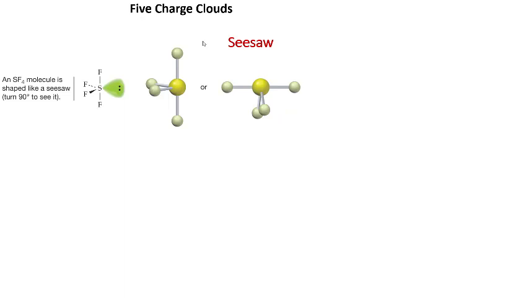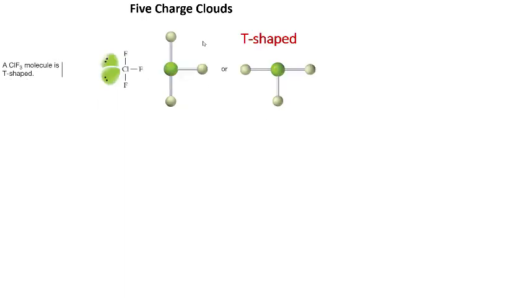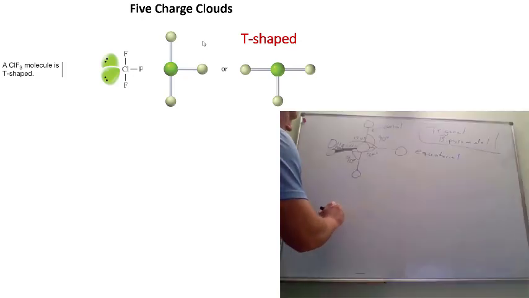Okay, next, what if we replace two charge clouds with lone pair electrons? So again, both of these are going to locate themselves equatorially. So for example, here we have ClF3. So we have our chlorine, we have our fluorine on the top, fluorine on the bottom axially.